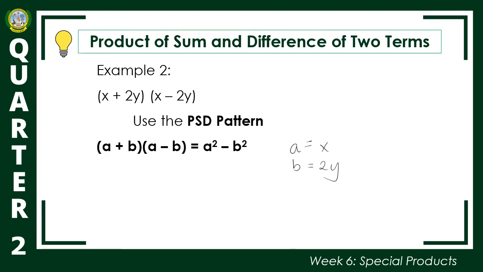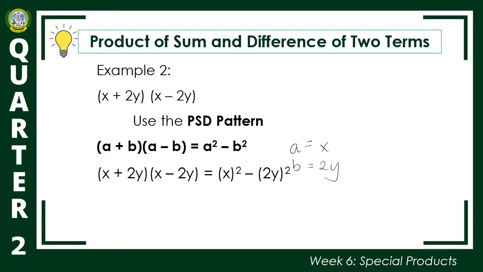Okay? So, i-substitute lang po natin sa ating pattern. Ayan. So, x squared, the square of x, minus, always po yung minus ha, 2y squared, or the square of 2y. Take note po ulit na gumamit po tayo ng parenthesis kapag tayo ay nagsasubstitute.